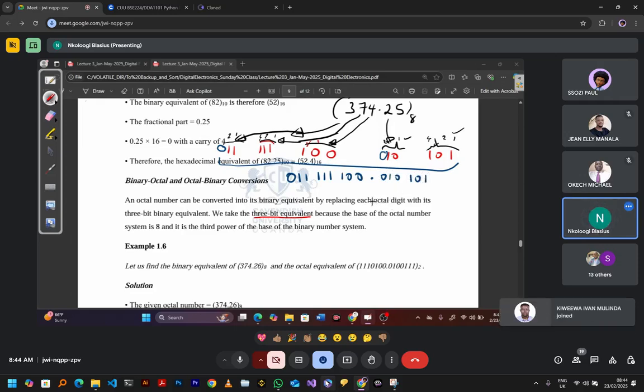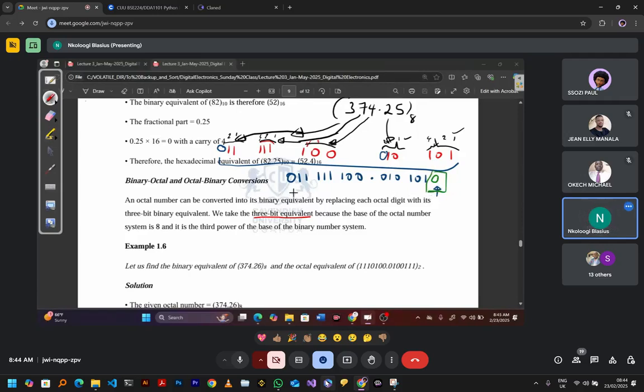Now, after writing this is not actually your final answer. So we have a rule that for the fraction part, you have to omit any 0 on the extreme right of the whole fraction number. For example, if we had a 0 here, we would omit this 0. We would not write it on our final answer.